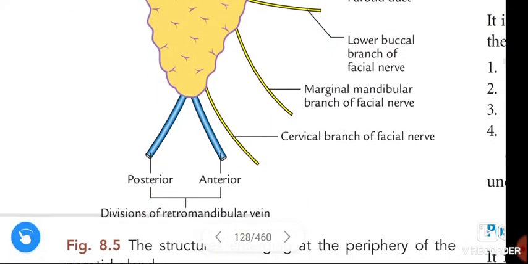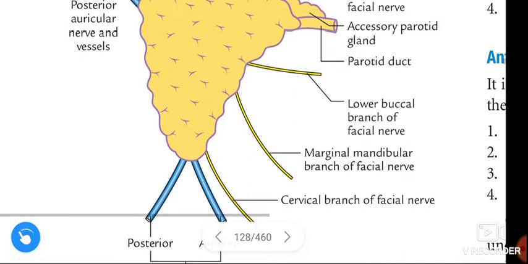The structures emerging from the apex of the parotid gland are the cervical branch of the facial nerve and the anterior and posterior divisions of the retromandibular vein. This is the apex, which is directed downwards.